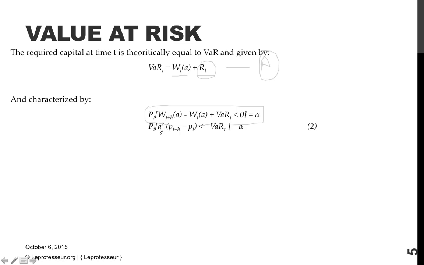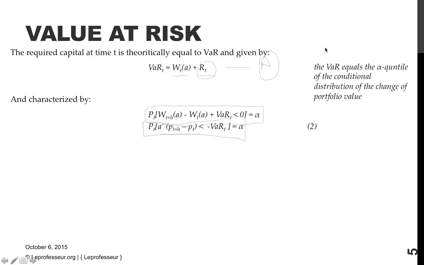And we further put in our total endowment, meaning A, the composition of the portfolio, and the price. So we come down to this equation number 2. In other words, equation number 2 represents that our value at risk equals the alpha quantile of the probability distribution of the change of portfolio value over time.